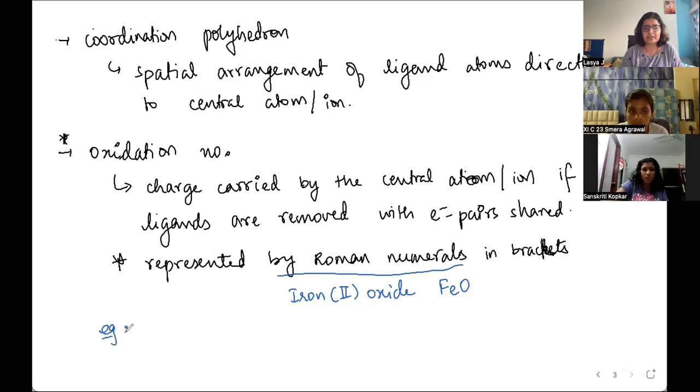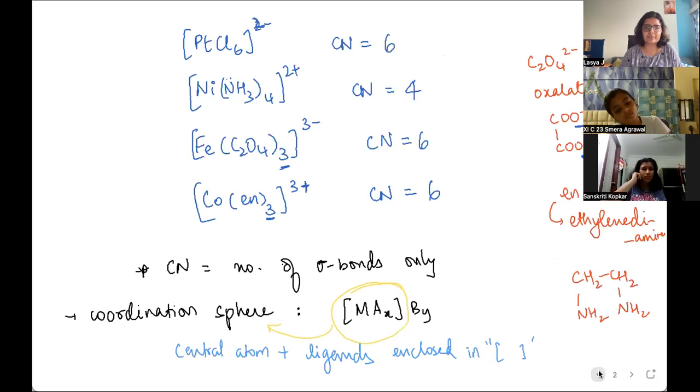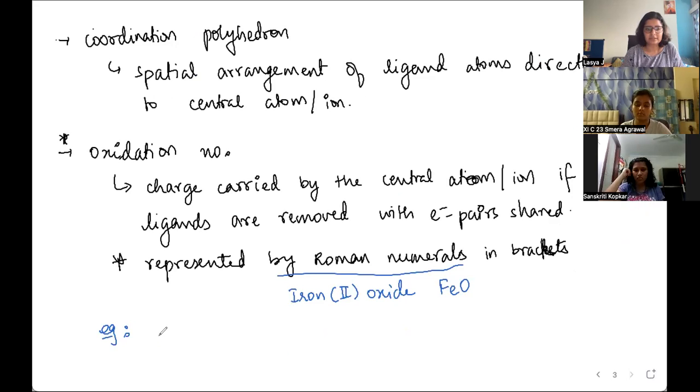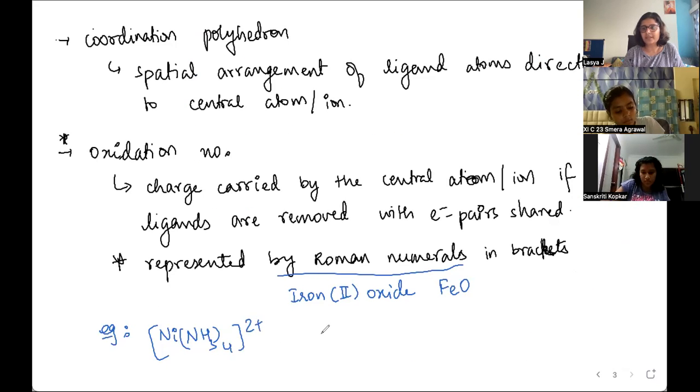Pick a simple one. Suppose we have [Ni(NH3)4]2+. In this, can you figure out the oxidation number on Ni?